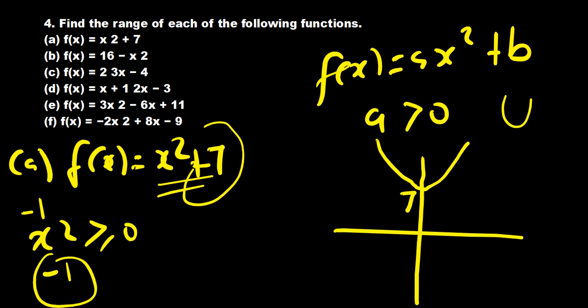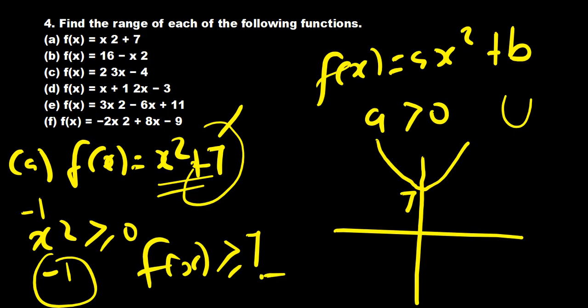And we are now also adding a shift of 7 on top of that. So your f of x will be greater than or equal to 7, and that will be the minimum value. So the range in this case will be from 7 to positive infinity. This one is just a quick one.